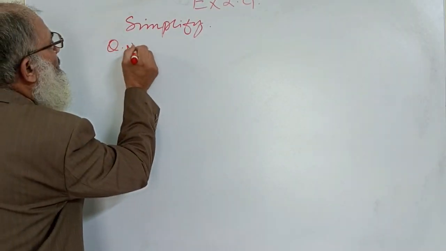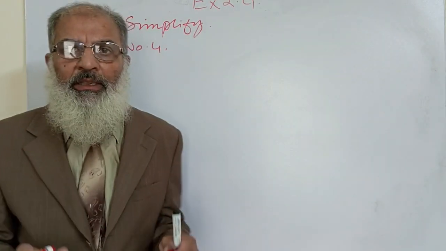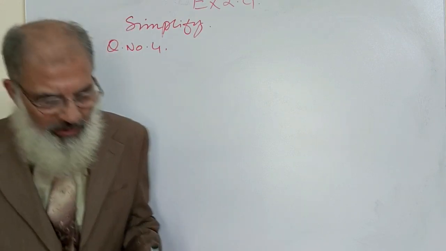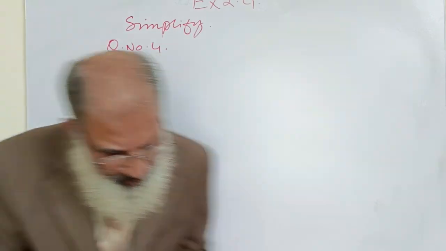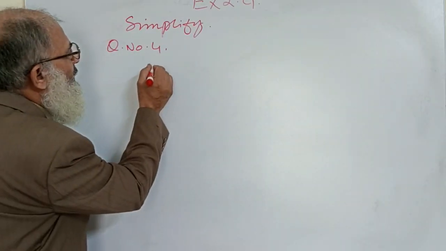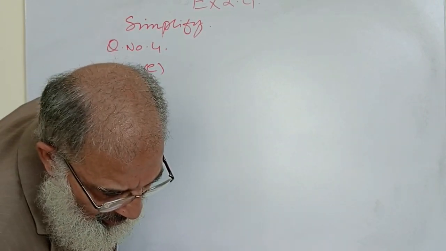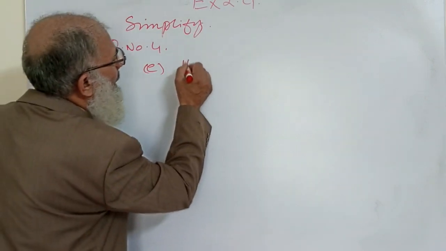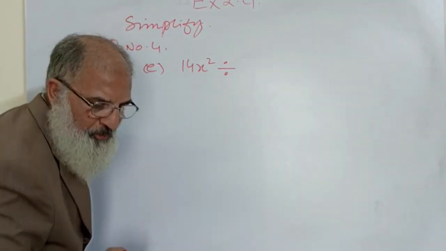Question number 4. Since these questions are very easy, even then I am going to solve some of the parts from this question so that you are familiar with how we solve these questions. Now part E says 14x square divided by 2y square.